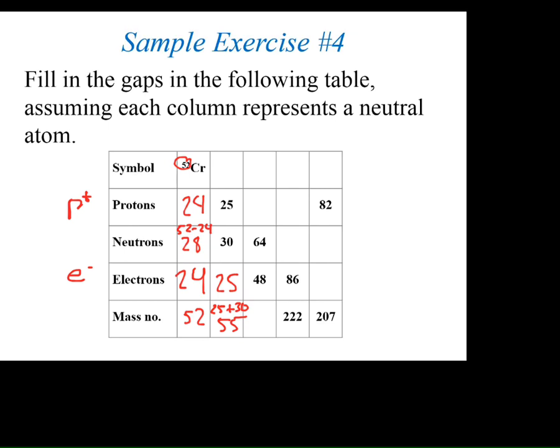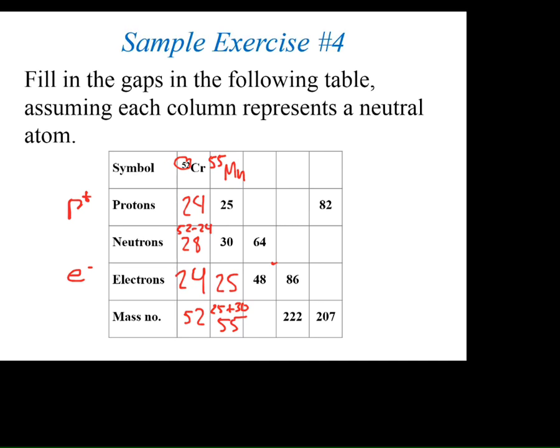So what isotopic symbol would I write up here at the top? 55, and what is it? Mn, manganese. Manganese 55. Perfect.